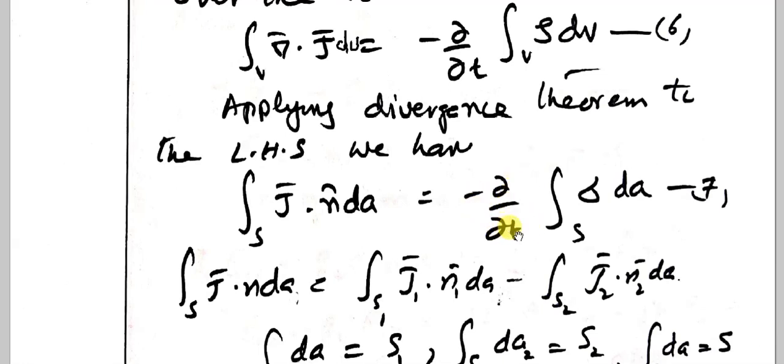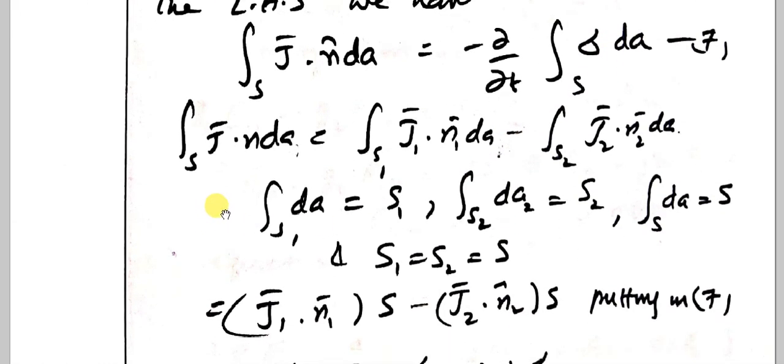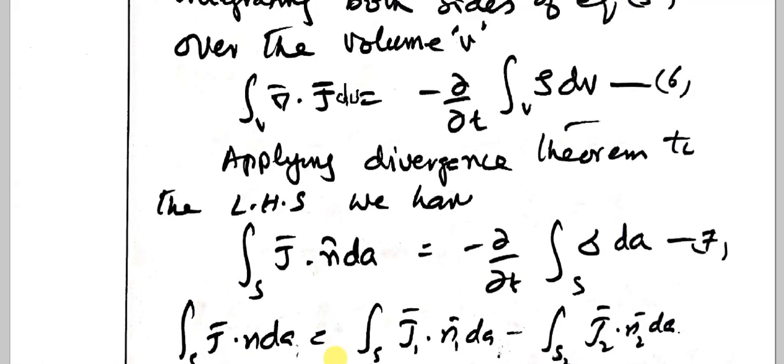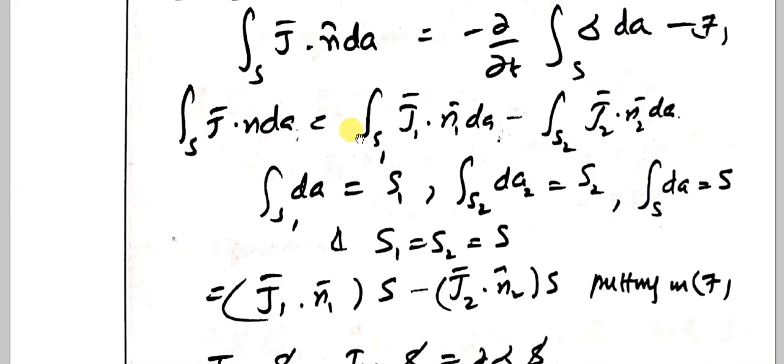Now taking the individual surfaces, we integrate the current density: J1 dot n1 dA1 over S1 minus J2 dot n2 dA2 over S2, where n2 is opposite to n1.